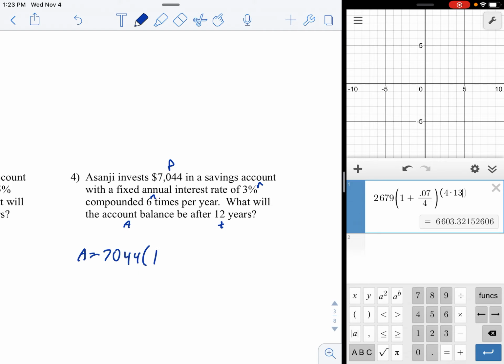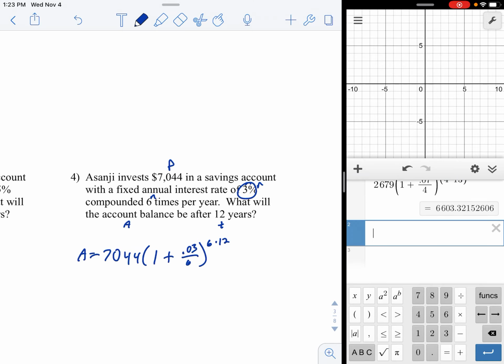7,044 times 1 plus 0.03 over 6, not 3 over 6, 0.03 over 6, to the power of 6 times 12. Type that into Desmos or whatever calculator you like to use, and you should be good to go.